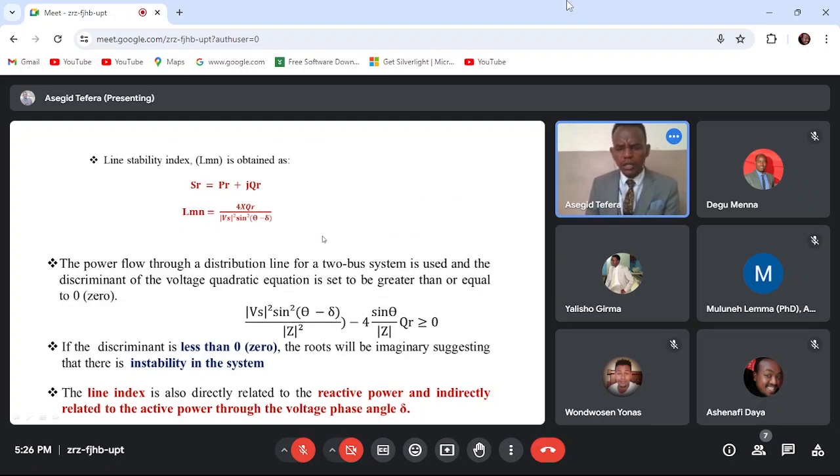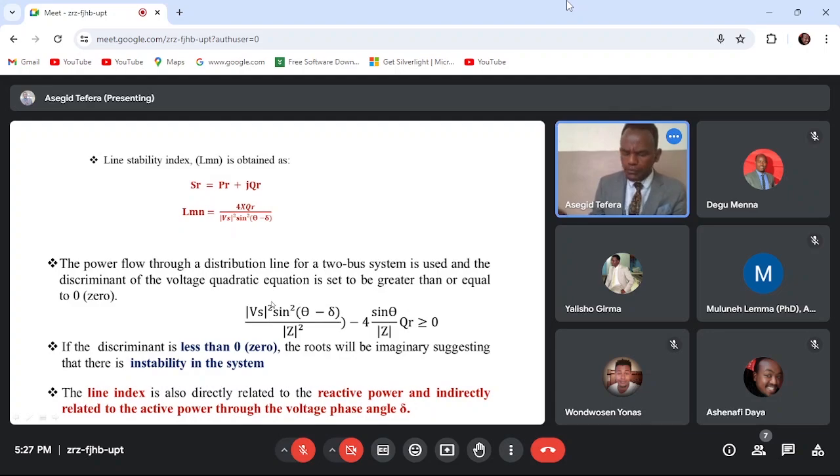That means it is described by a quadratic equation system. So here, the power flow through the distribution line for a two-bus system is used, and the discriminant of the voltage quadratic equation is said to be greater than or equal to 0.